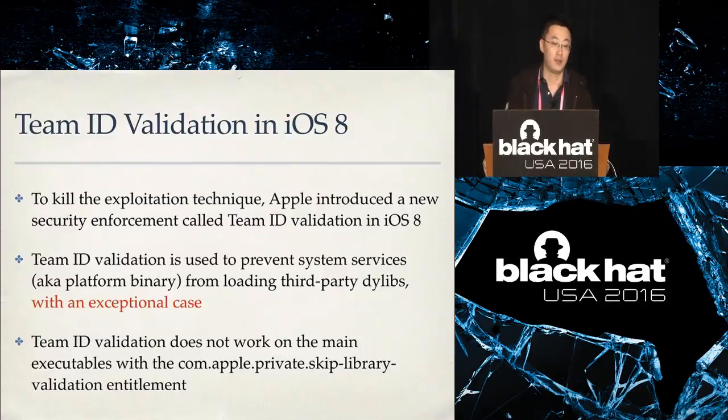And the kernel will check whether the ID of the main executable matches the ID of the library. If the main executable is created by Apple, but the library is created by a third party, in that case, the kernel won't allow the process to load that library. So basically, TeamID can prevent system services from loading third-party libraries.